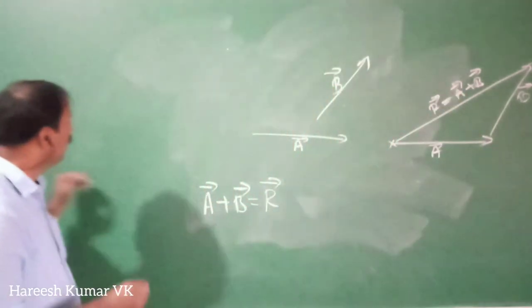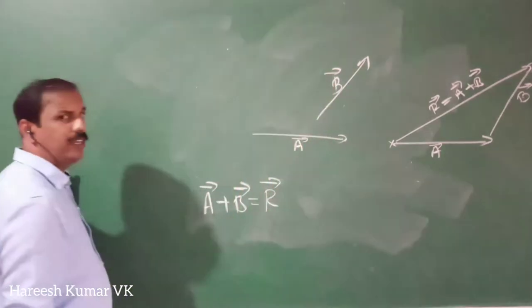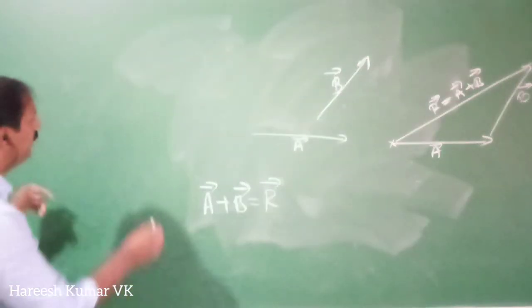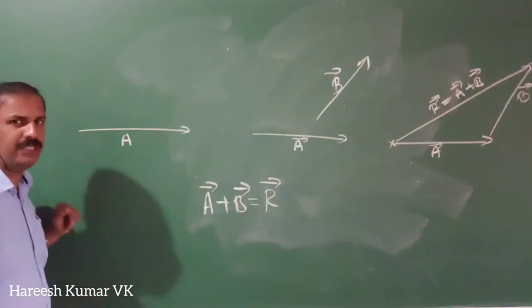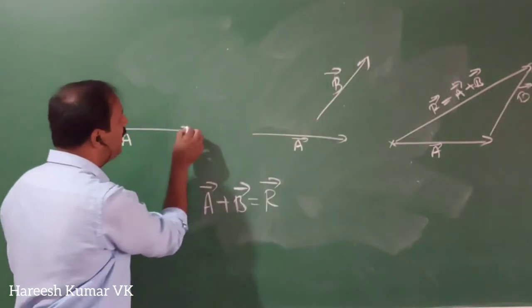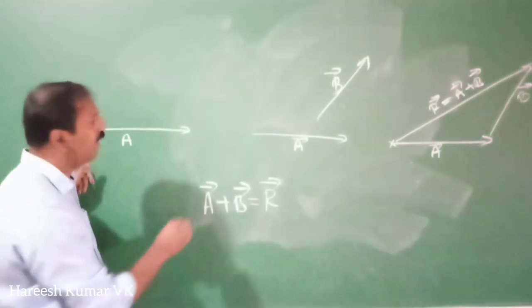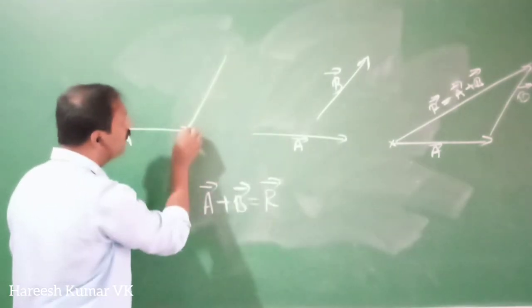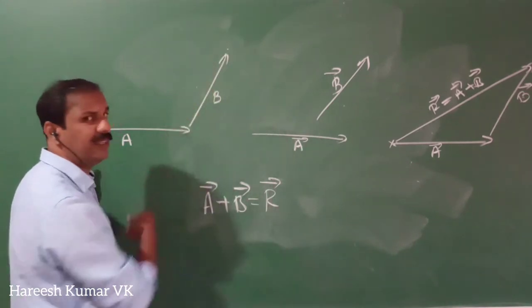So once more, you have a vector A here, another vector B here. If you want to add the vectors A and B, you first draw the vector A in the same direction with the same magnitude. And the vector B, you take from here and place in such a way that the tail of B is coming on the head of A. So this is B, same direction, same length.